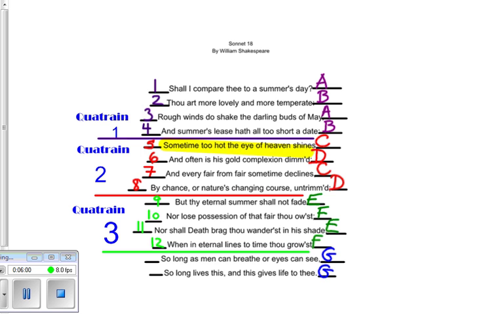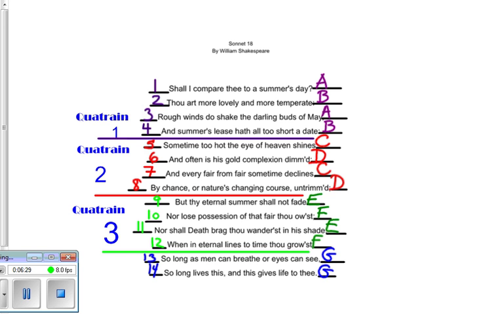I can ask you a question like, what does Shakespeare compare her complexion to, or what color? You'll be able to go back into quatrain 2 and see that the color is gold because you know exactly where quatrain 2 is. So I want to be able to refer back to certain sections of the sonnet by using the terminology quatrain: quatrain 1, quatrain 2, or quatrain 3.